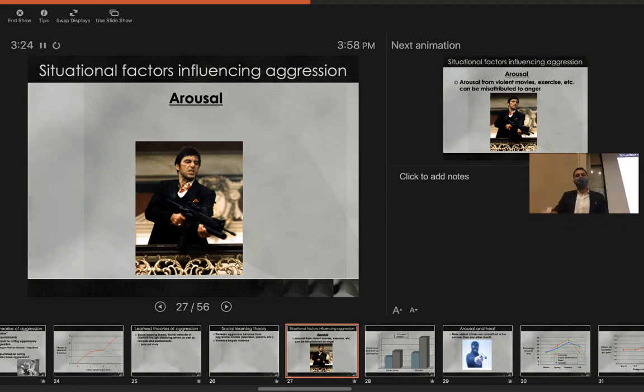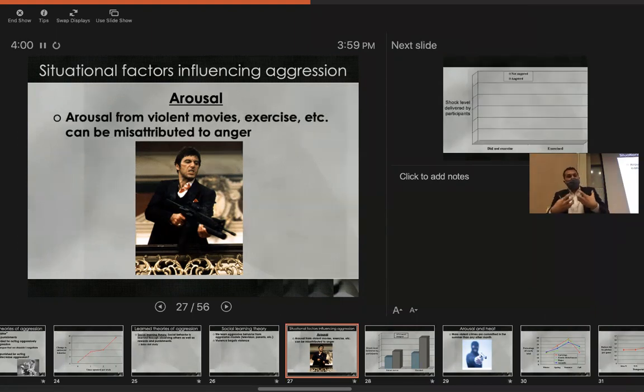The first one is something we've seen before in a different context, which is physiological arousal. If you recall, when we talked about attraction, we talked about the concept known as misattribution of arousal, which is the idea that if you're in a heightened physiologically aroused state, so your heart is beating quickly and you've got butterflies in your stomach, which can be created by having a couple cups of coffee or by being nervous or excited, and someone comes along and does something which is ordinarily only slightly annoying, we might misattribute the arousal that was actually created from some other source.